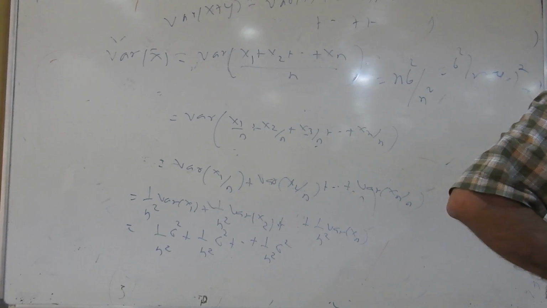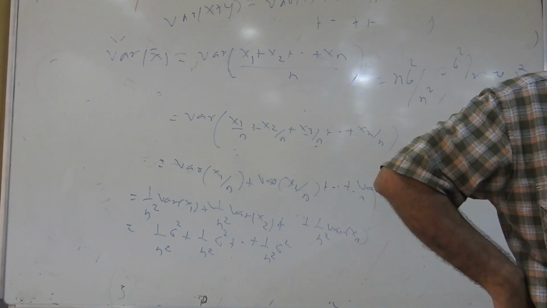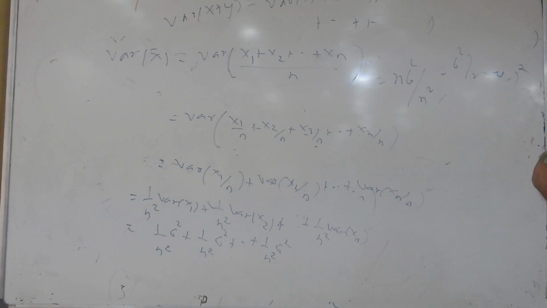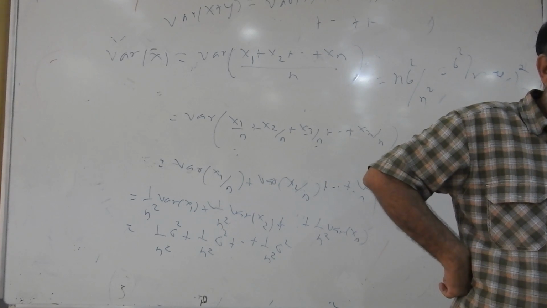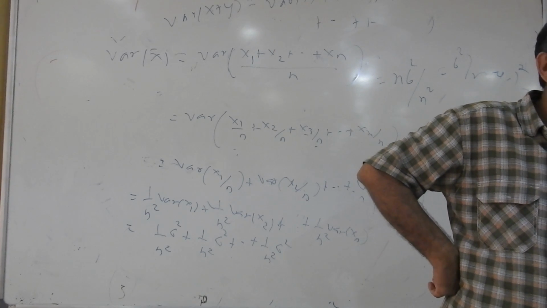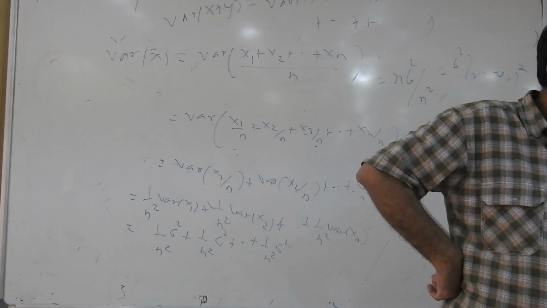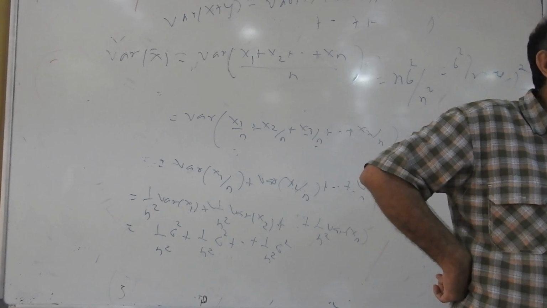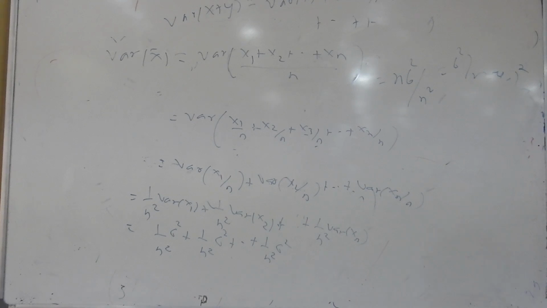B, the mean of x bar will be the same as the population mean. And the variance of x bar will be equal to the population variance divided by the sample size. So if the population variance is 100 and the sample size is 10, the variance of x bar will be 100 upon 10, which is 10.